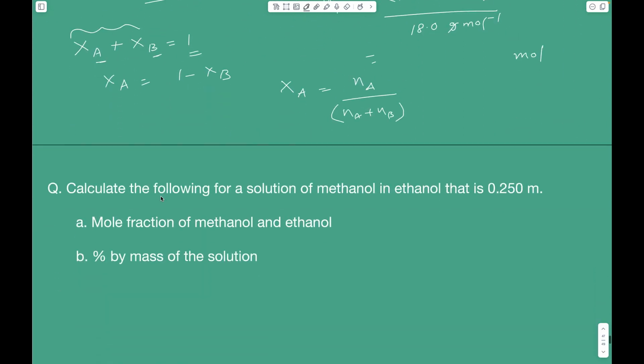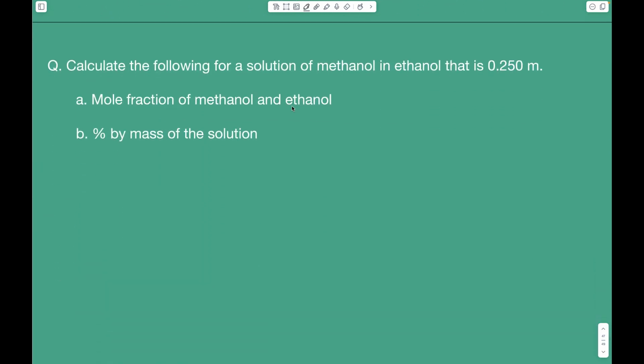Now let us look at another example. Calculate the following for a solution of methanol, that is methyl alcohol, in ethanol. See here the solvent is ethyl alcohol, not water. This is not an aqueous solution, and we are given the molality of the solution. Notice this small m here.